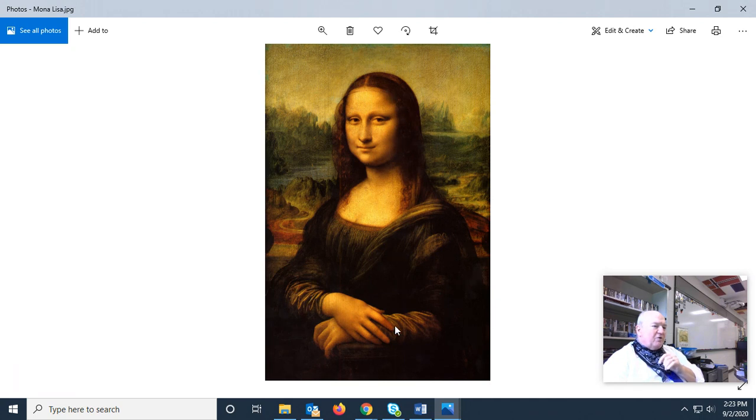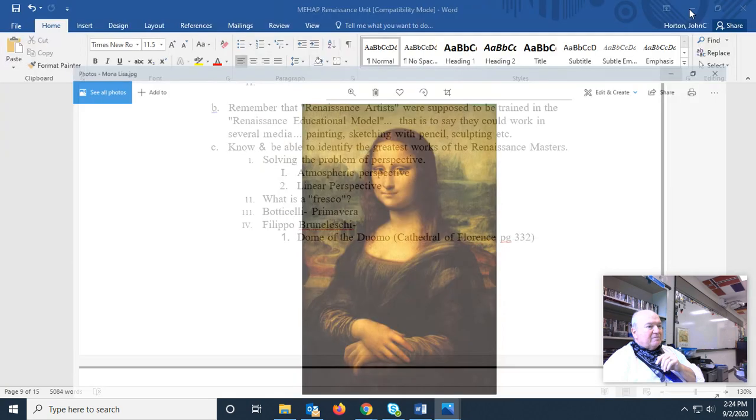Same thing with the folds of her clothes. It creates shadowing, it creates a third dimensionality to the picture. And so atmospheric perspective, linear perspective, and shading and shadowing give the piece of art a third dimensional quality.